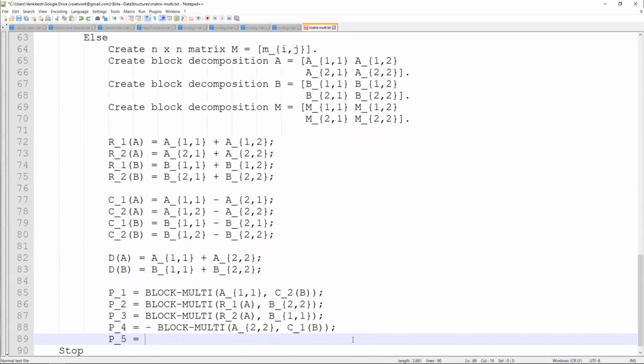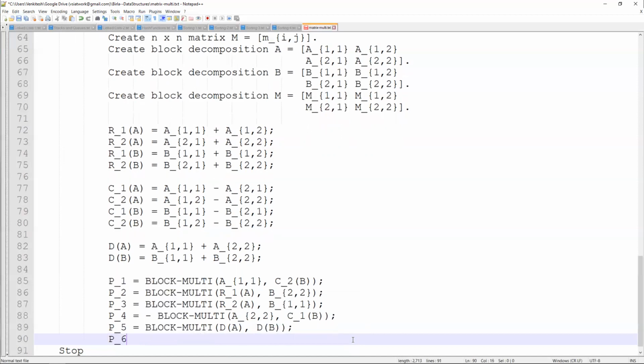P5 is block multi of the diagonals. So DA and DB. Okay. P6 is the column times row. So block multi of C2A with R2B.